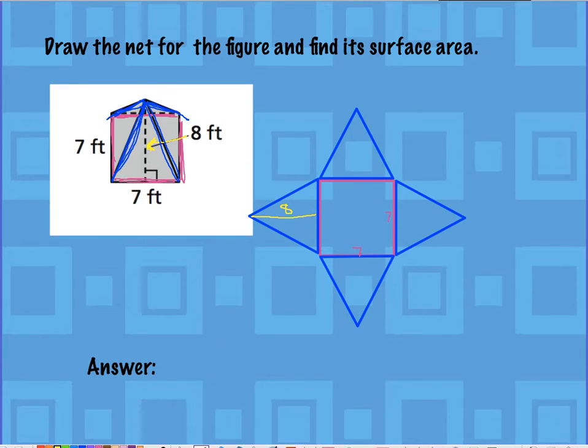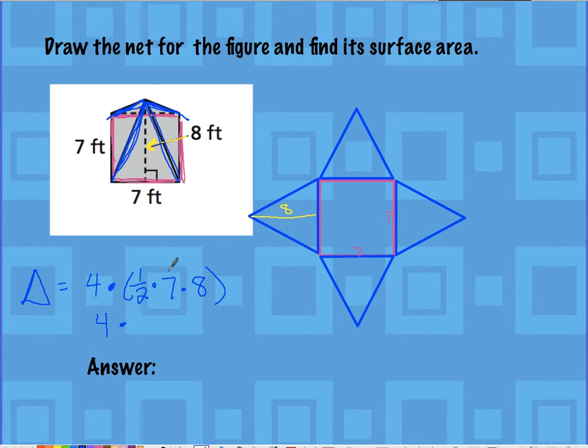All right, so here I'm going to do the triangles. We have 4 of them times, the formula is 1/2 the base times the height. And I'm multiplying it by 4 because there's 4 of them. So I get 4 times.